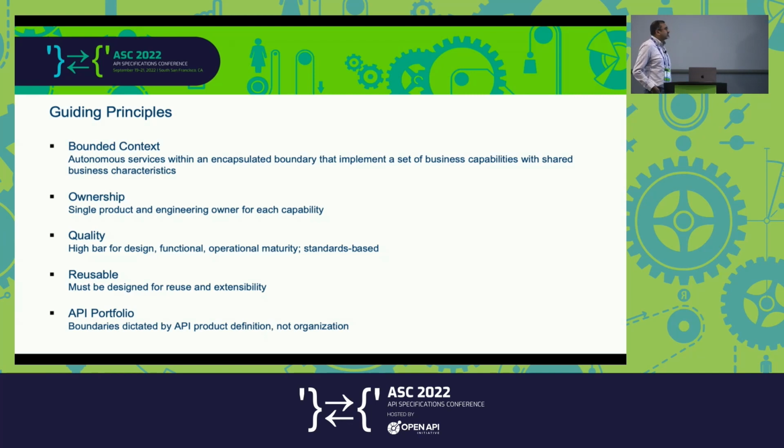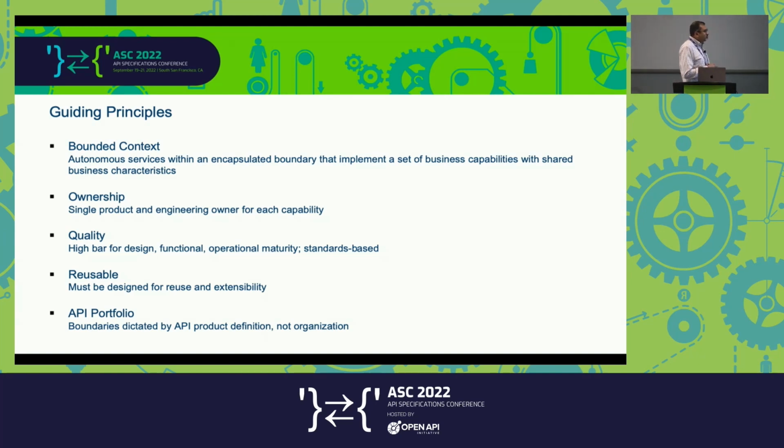So let's first look at some of the guiding principles that drive our thinking. Bounded context is important because we need to make sure that the business capabilities that we are trying to build around are not overlapping, they are isolated, and they are collectively exhaustive but mutually exclusive, right?